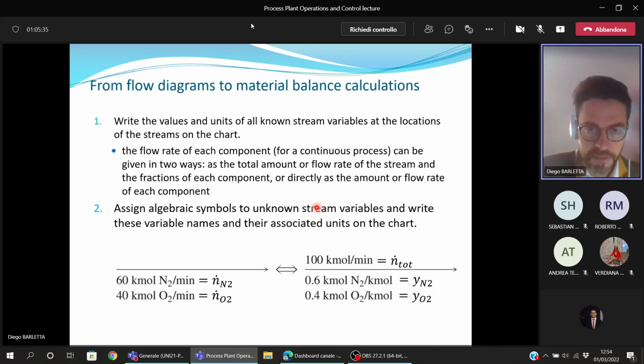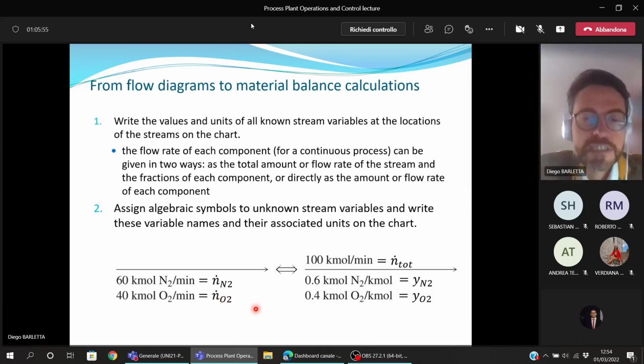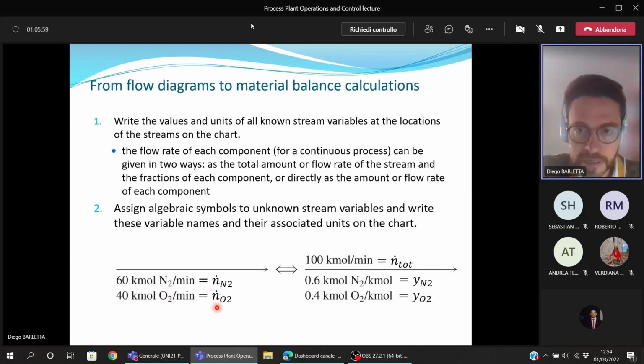It is the same. So in the first case, we have 60 kilomole of nitrogen per minute and 40 kilomole of oxygen per minute. And this is a complete way to specify the features of this material stream.